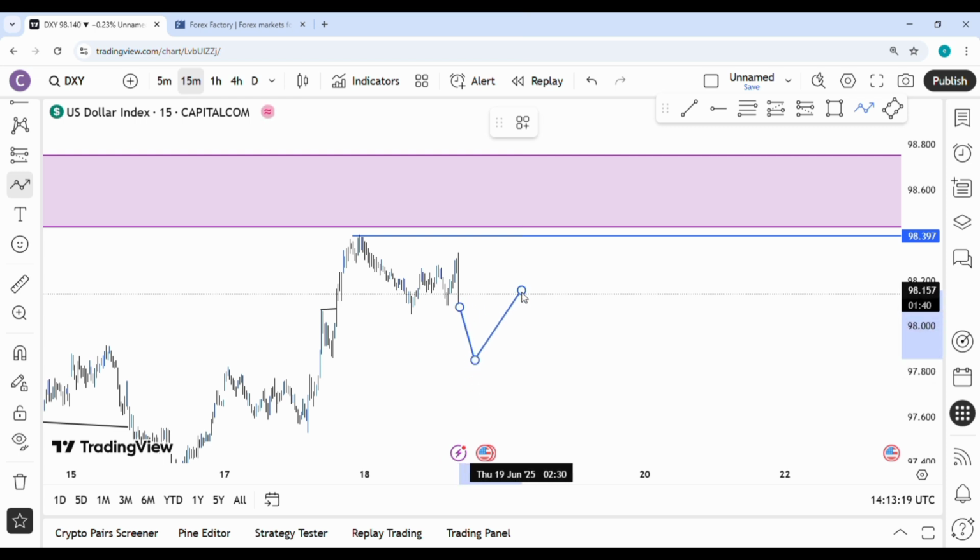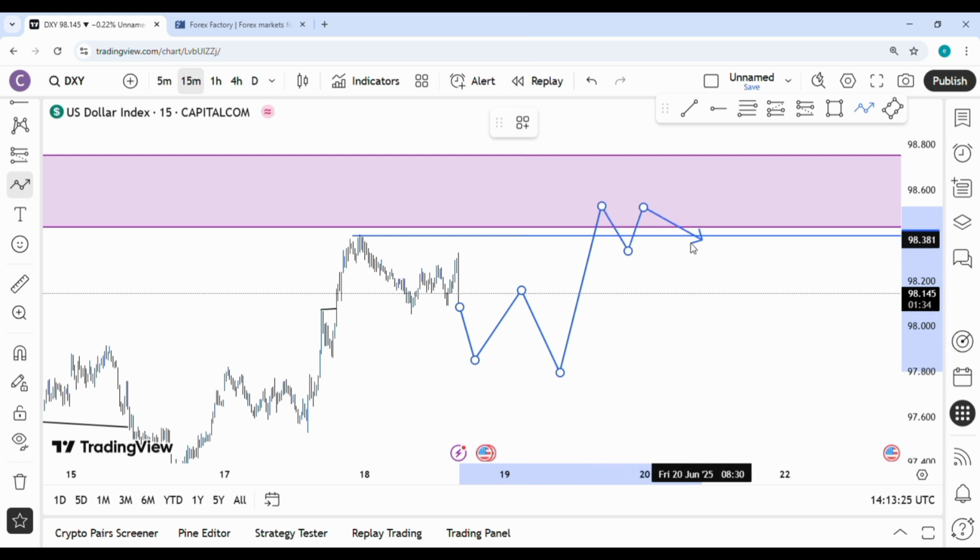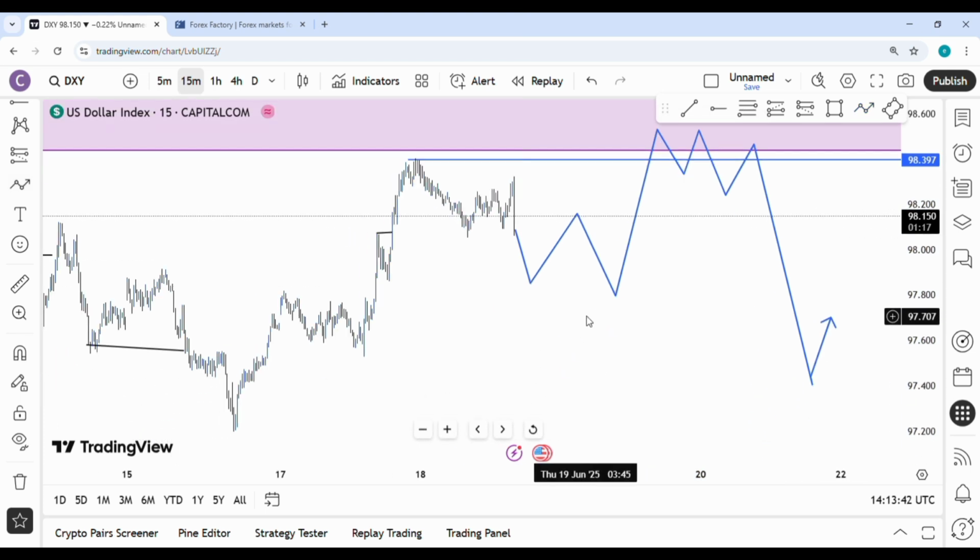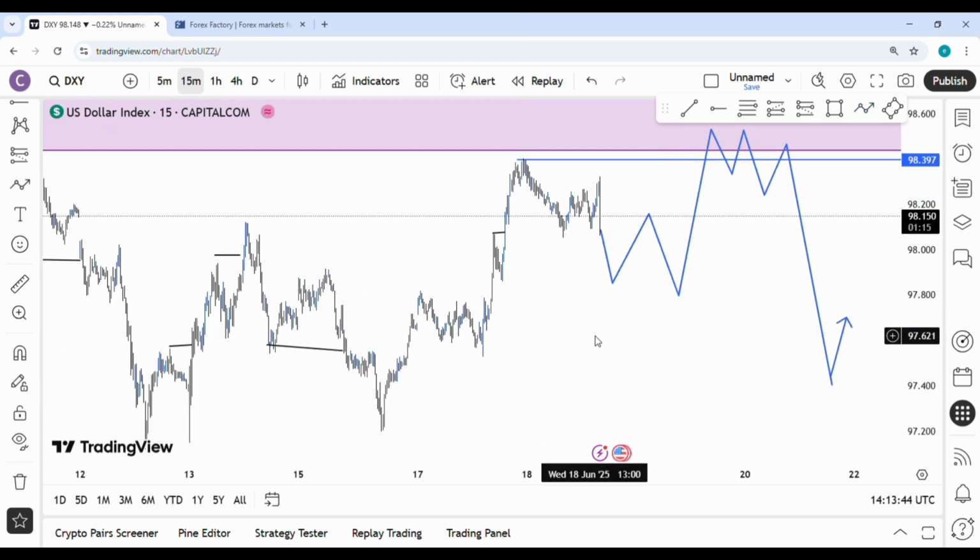Go down, go up, tap us in, form or create what we call a mitigation block or an MSS, market structure shift, and giving us our order block here or our fair value gap here as our entry model. Then we enter from there and we're going to the downside. As easy as that. This is what we expect the market to do in our DXY.